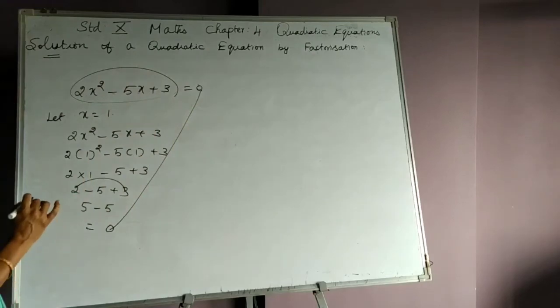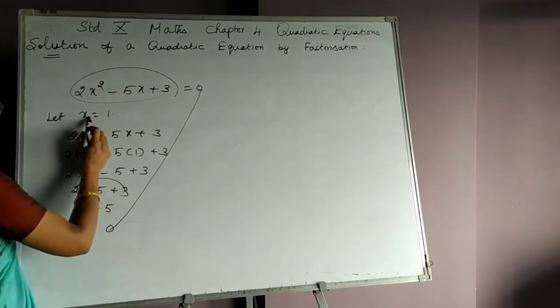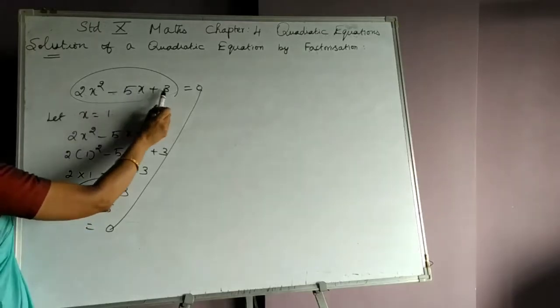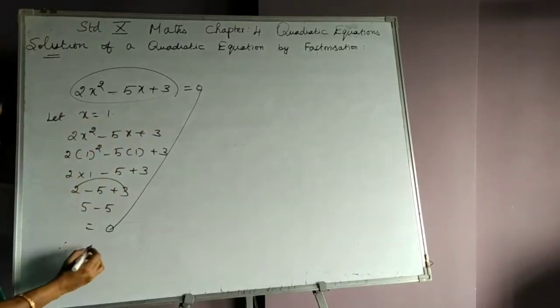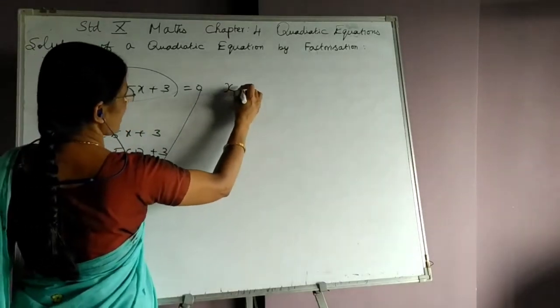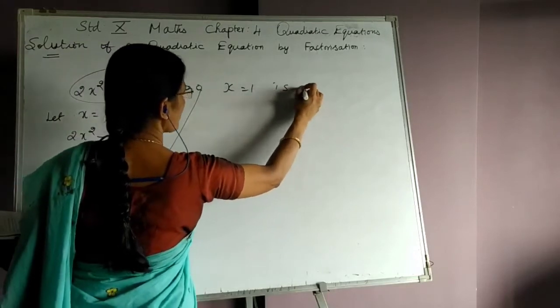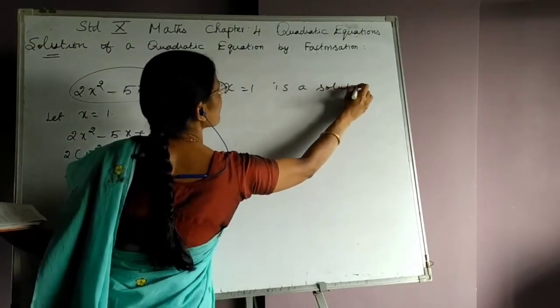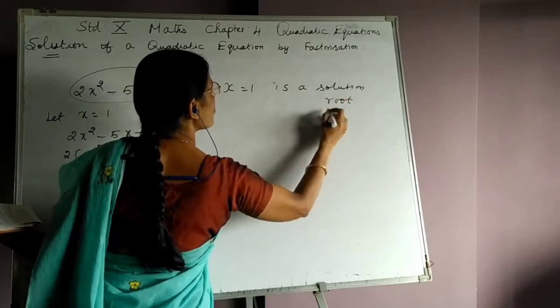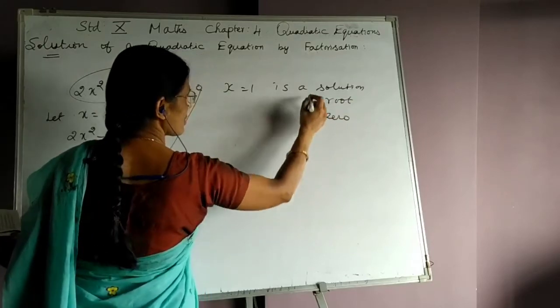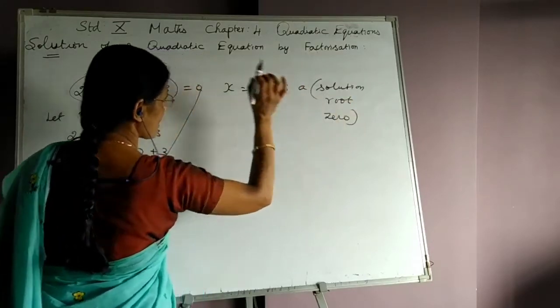Therefore, x equal to 1 satisfies the given equation. Therefore, x equal to 1 is called a solution. Or we use the word root, or we use the word zero. All the three represent the same meaning.